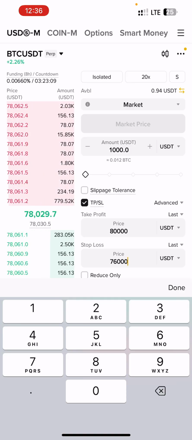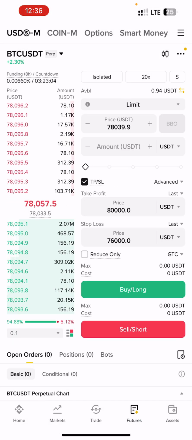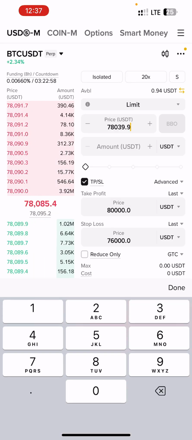If I'm to use a limit order, I just need to add the price here. Let's say the current price is 78,089, and it keeps fluctuating.